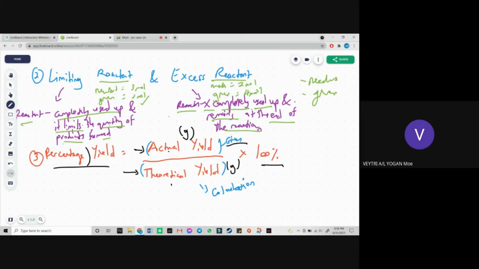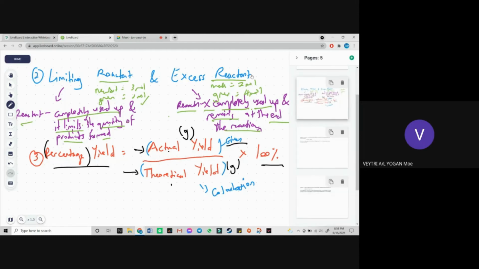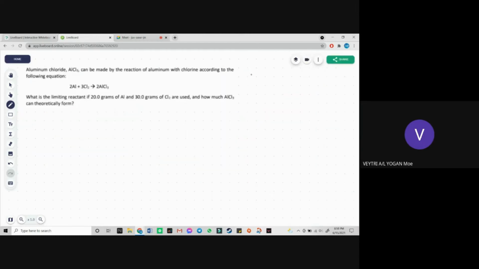Kenapa? Percentage. Alright, okay. Remember, try to keep it at 2 decimal places so that your answer is universally accepted, okay? Tapi dalam jalan kerja, try to put it 4 decimal places so that jawapan terakhir akan jadi accurate as possible. Alright, now, don't worry, jangan bingung-bingung what is limiting reactant and so on. Let's have a look at a question, okay?